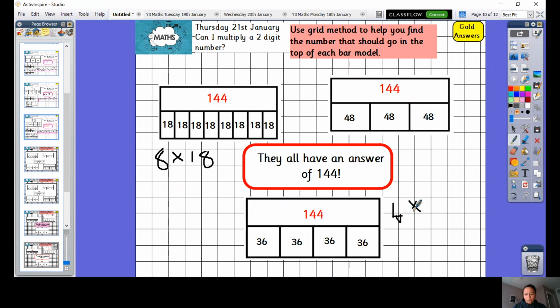I do apologise. 36. And then up here we had 3 times 48. And these calculations all gave an answer of 144. Brilliant. Okay, if you are ready to move on to platinum and give yourself a challenge, let's go.